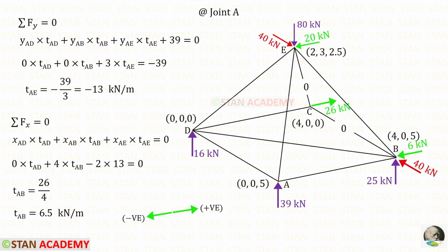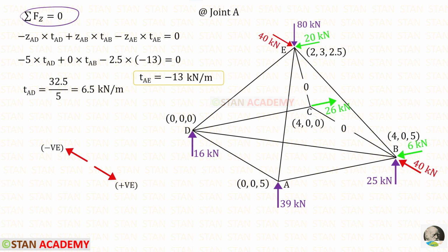The distance of AB in the x direction is 4 minus 0, so it will be 4. And for AE, it is 2 minus 0, so it will be 2. We know the value of TAE, minus 13. Let us apply that. That is why there is a negative sign. For TAB, we will get 6.5 kilonewton per meter.